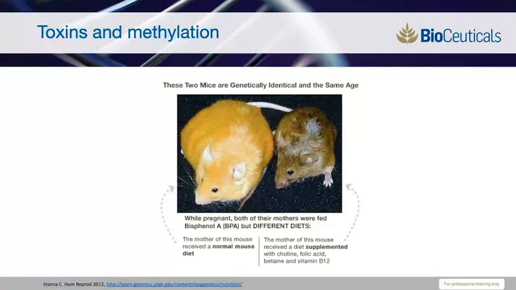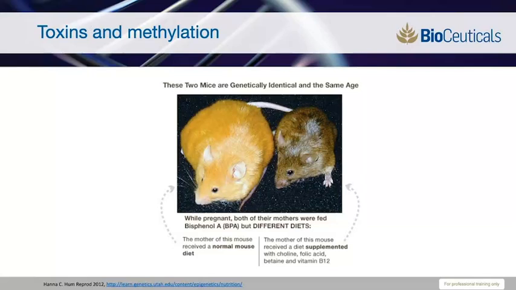So these mothers have been exposed to BPA. The mother of this yellow, overweight, obese mouse was on a normal chow diet. The brown mouse's mother had a diet that was higher in methyl donors: more folate, more B12, more choline. So by providing all of these methyl donors, it's actually helped compensate for the BPA.